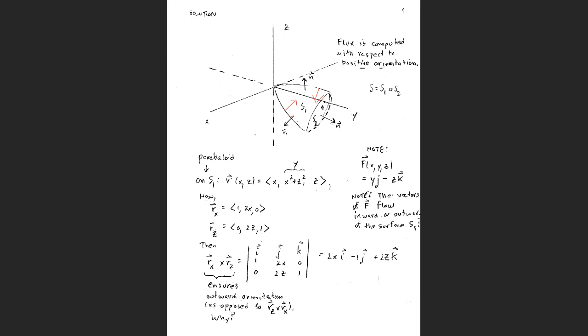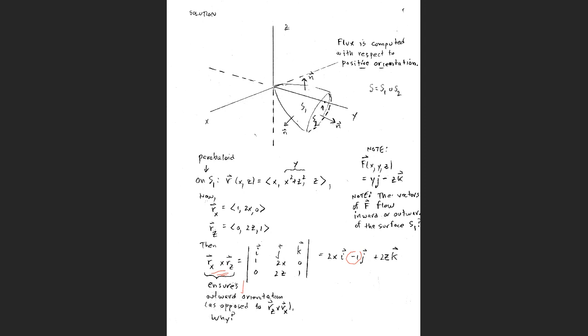So that means that vectors flowing outward from the surface in the positive direction have to have y components that are negative. Well, our y component turned out to be a constant, -1, but nevertheless, that tells me we have outward orientation, that this is correct.